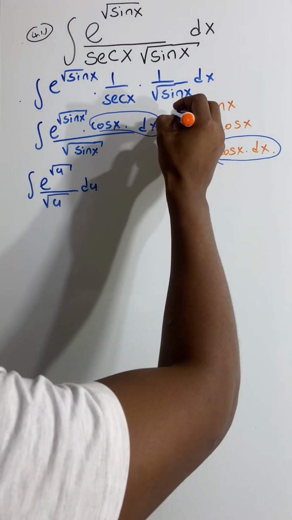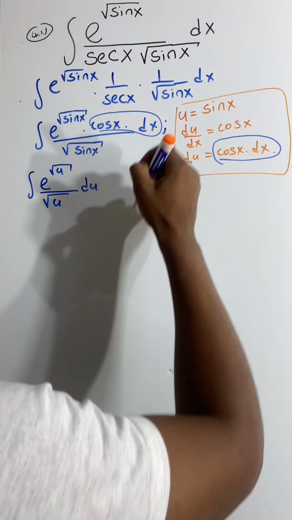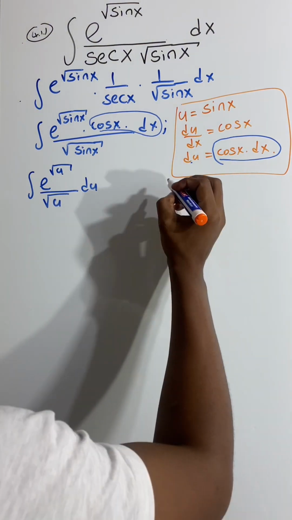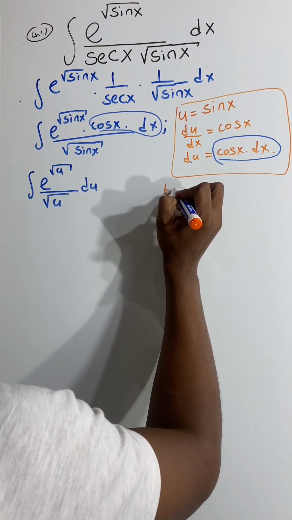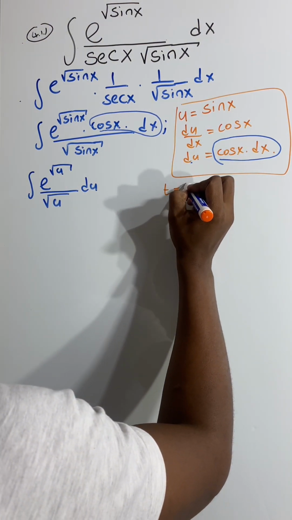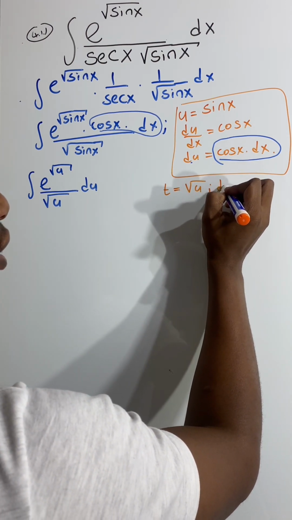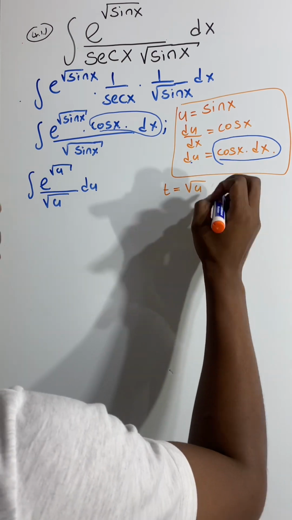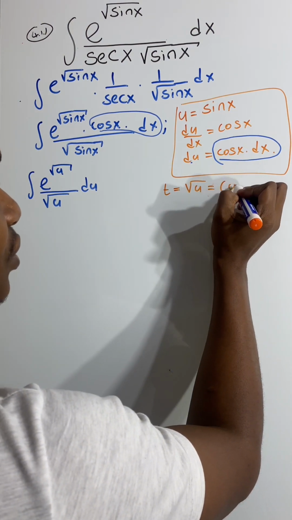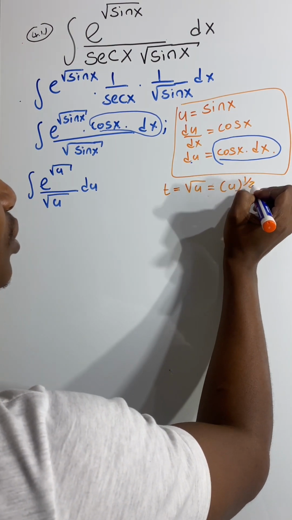And from here we use the u substitution method again, but let's use another letter so that we don't get confused. We let t equal the square root of u. We rewrite our u as u to the power 1 over 2.